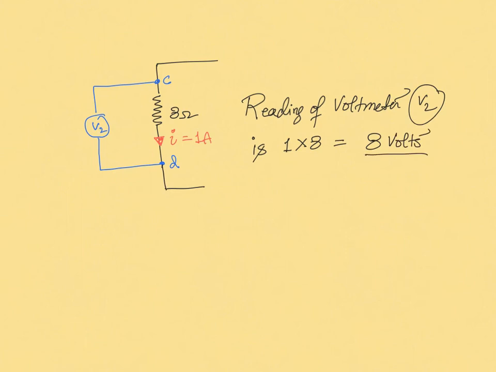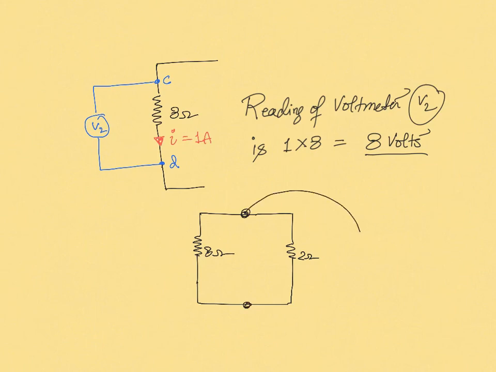So literally speaking, what we have seen: that is an 8 ohm resistance, and this is a 2 ohm resistance, and across these 2 points we have a voltmeter. Don't forget, the real culprit behind all these things is the time varying magnetic field.